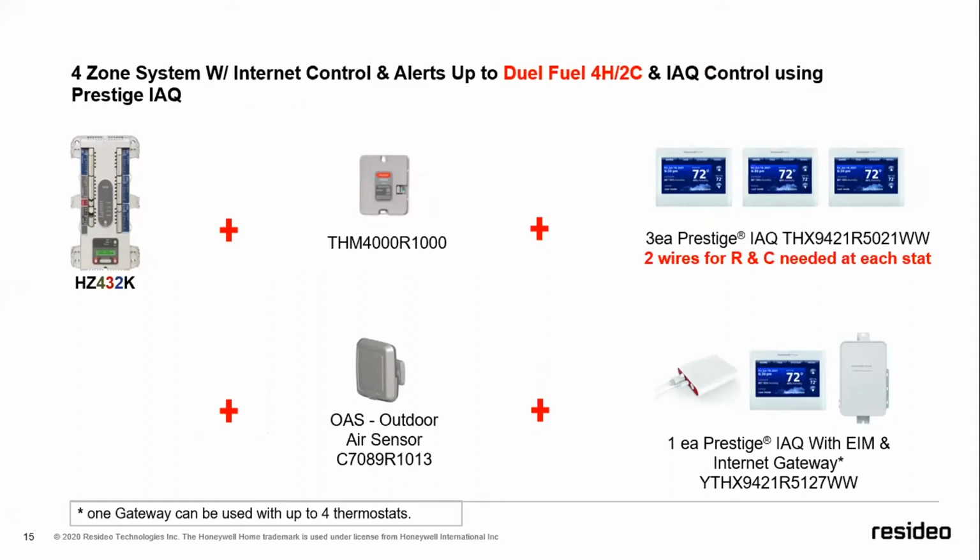Okay, and so what we're showing you here is your options when you utilize our Prestige thermostats. So here's the thing about it. Many people don't realize that we sell a THX 9421R 5021. And now that's just the thermostat by itself.